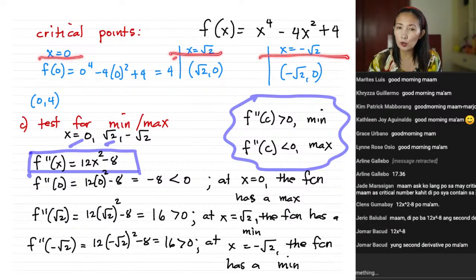And then use the second derivative test to tell whether the function value given by a critical point is max or min. When is it min? If f double prime is positive. When f double prime of c is negative, then it's a max. So, first locate the points and connect using a line. And that's it.